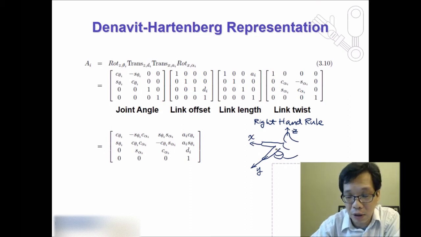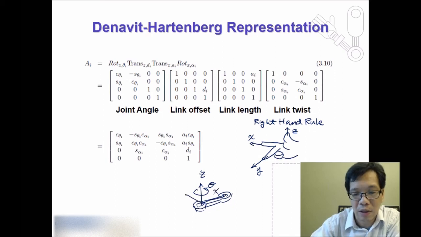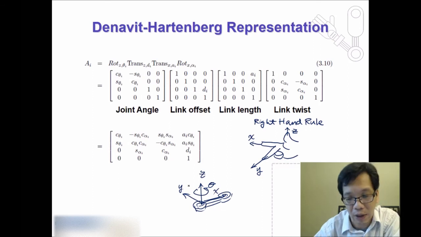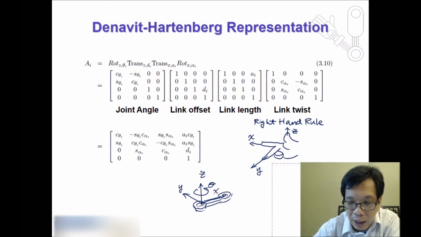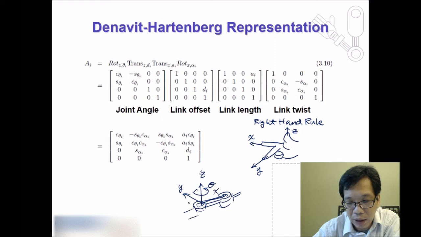If you got a joint over here, this must be your z, and this must be your theta. This one between the first joint and second joint, this must be my x. So y is going to be defined. And at the second joint over here, you put another joint over here. The distance between those two, that's your d.